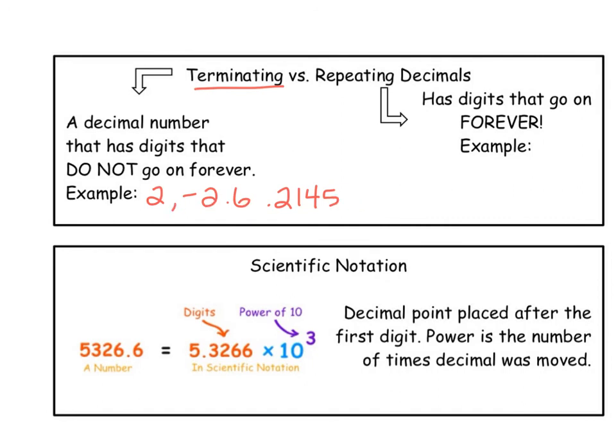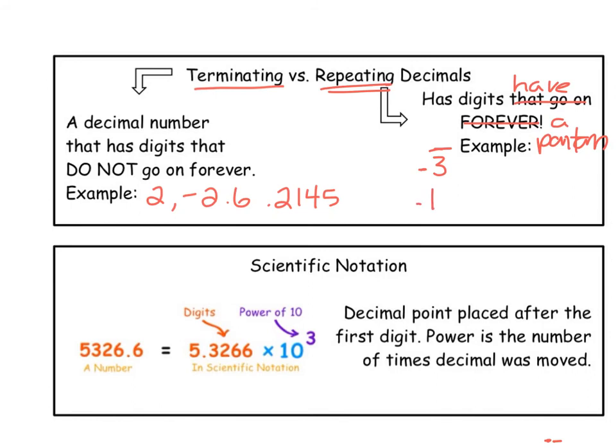So a repeating decimal repeats itself. It doesn't have digits that go on forever. It has digits that have a pattern. So, for example, 0.3 repeating is a repeater.